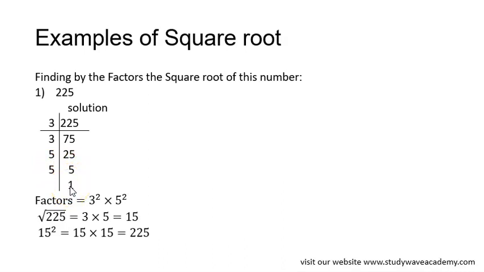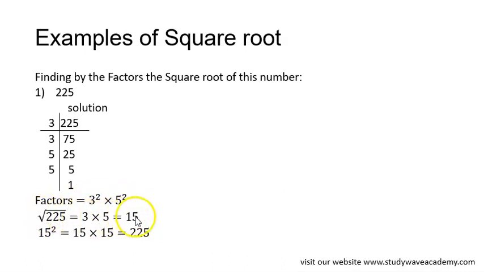Okay? So the factors are 3 raised to power 2, which is 3 times 3, and 5 times 5, which we wrote as 5 raised to power 2. So the square root of 225 is 3 times 5 equals 15. We change the squares into a root sign.